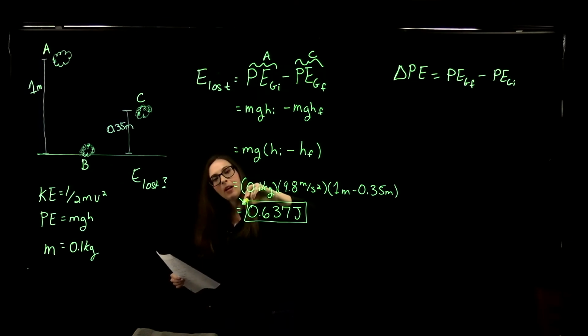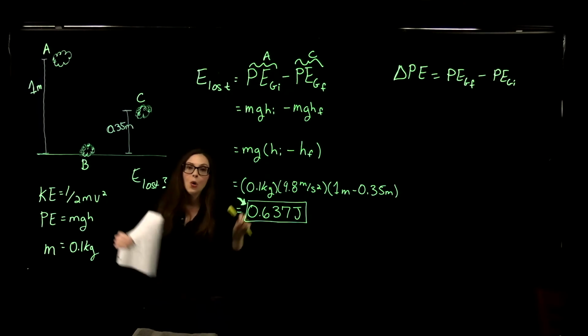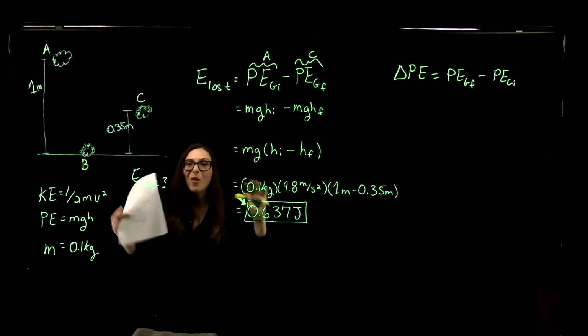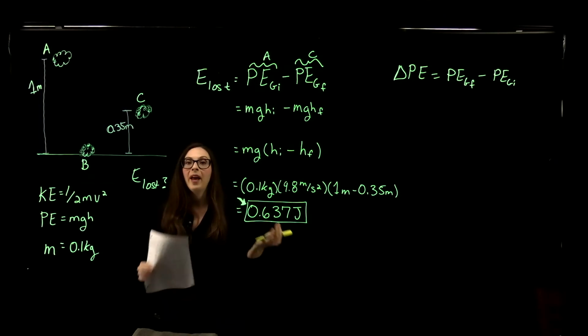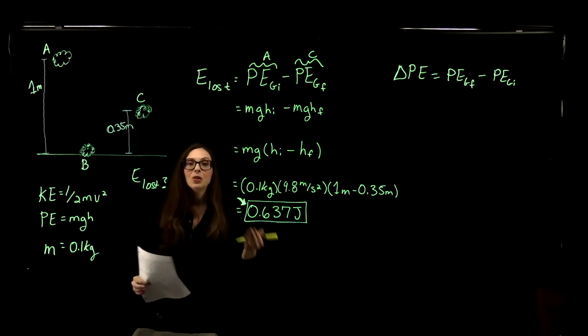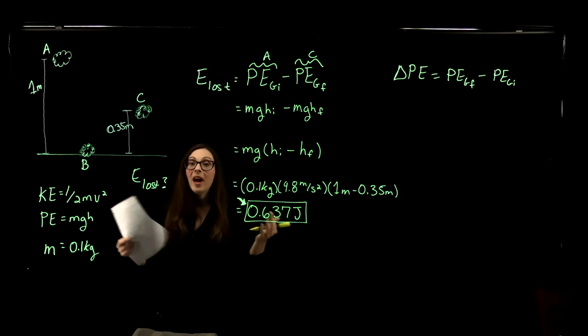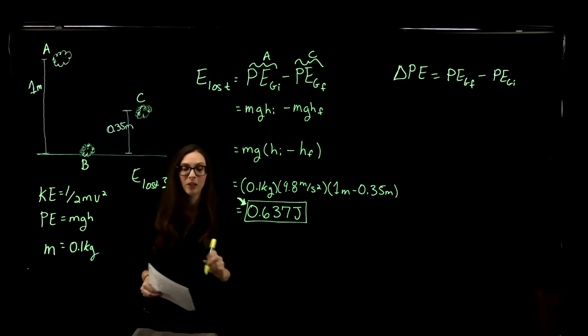But just to think about it, and you're going to have to think about this for the lab too: how much energy did we lose in this collision relative to our original potential energy? Because what does that number even mean if we don't have anything to compare it to? So let's compare the energy that we lost in our collision with our initial gravitational potential energy.